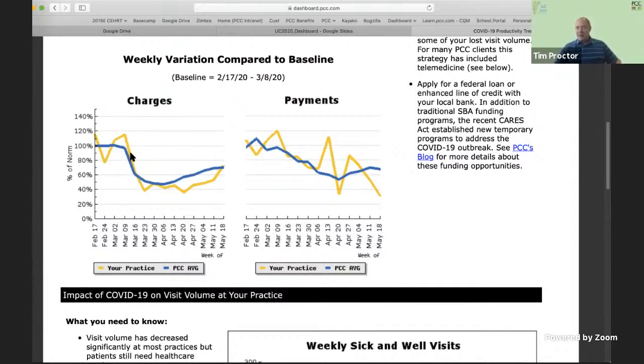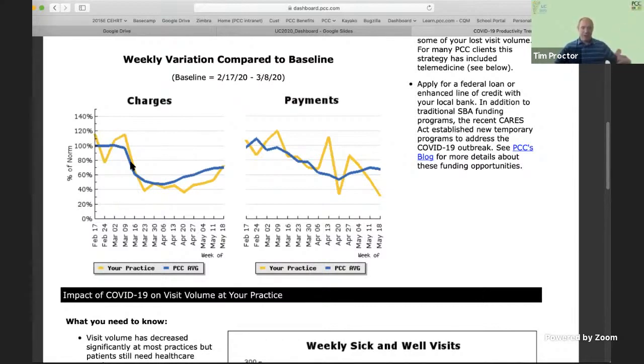We wanted you to get that comparison to other PCC practices, and also an indication that things are not normal yet. Obviously, it's never going to be the same as it was, but it's moving. It's increasing. More patients are coming in for well visits. Telemedicine has seen an uptake. Many practices are doing that.